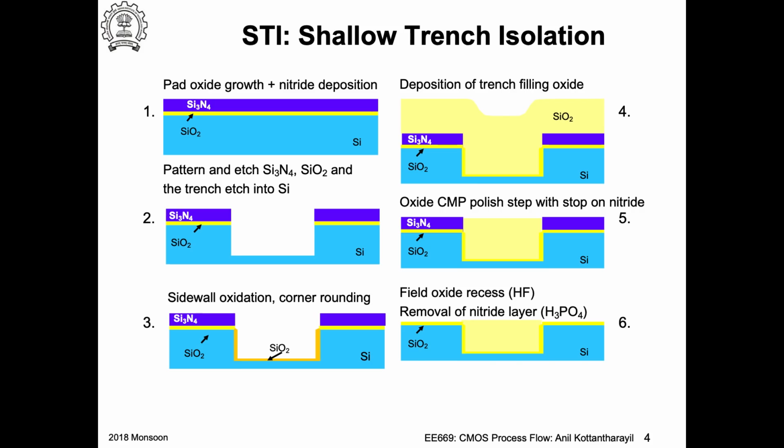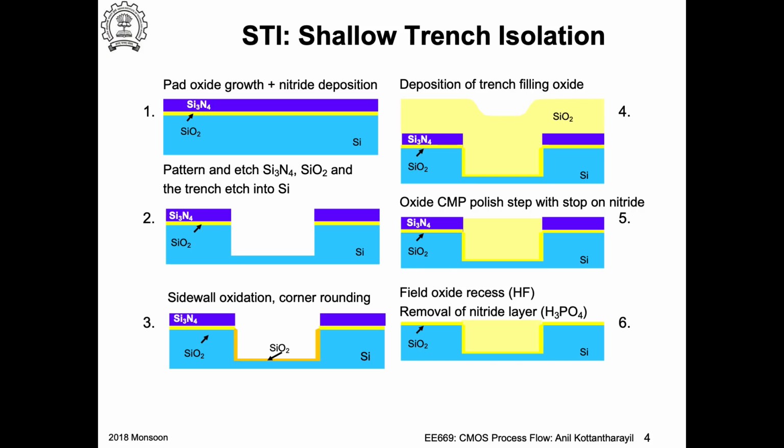And then you are going to remove this nitride also subsequently. So the silicon oxide may pop out of the wafer surface, right? So you do what is called an oxide recess etch using hydrofluoric acid.